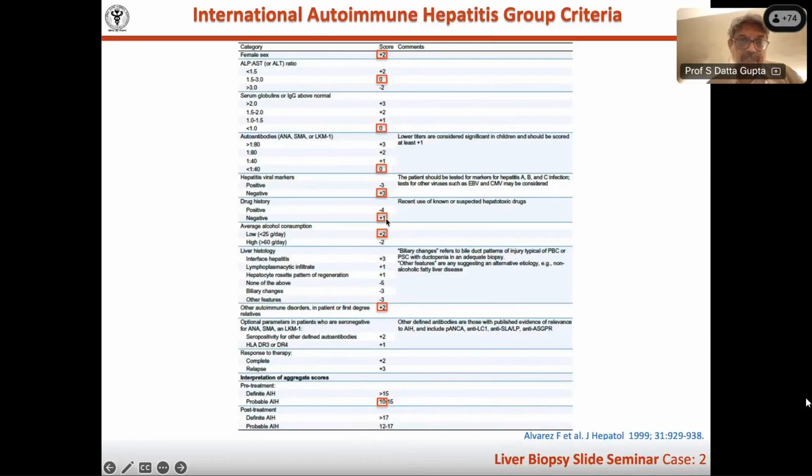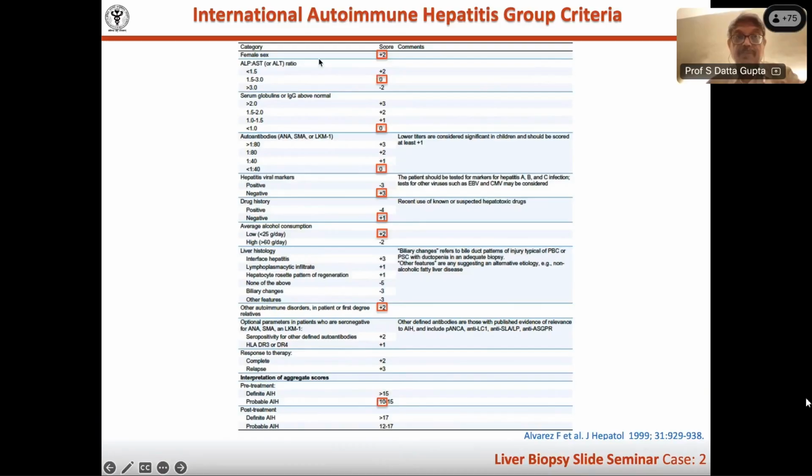And anyway, if you are a female, if your viral markers are negative, if you don't have a drug history, and you don't consume alcohol, and also if you don't have relatives with autoimmune disease, then your total becomes 2 plus 3, 5, 6, 7, 8, 9, 10. So it's probable autoimmune.